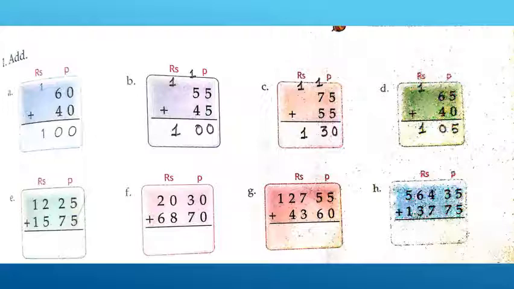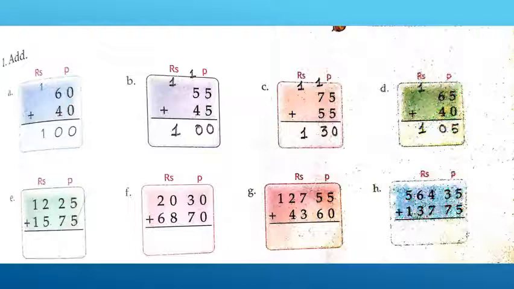Write 0 there and carry 1 rupee. Now children, there is only 1 under the rupees column. So write 1 there. So children, when you add 60 paise and 40 paise, you will get the answer as 100 paise or 1 rupee.